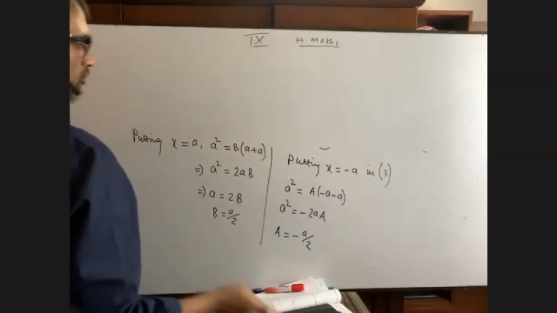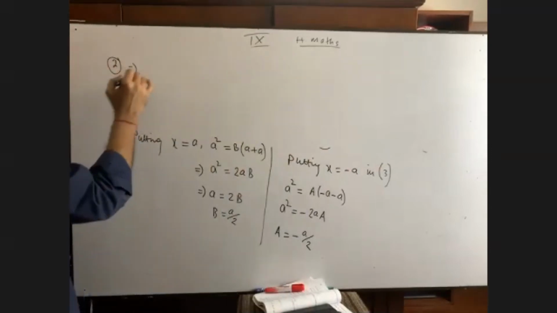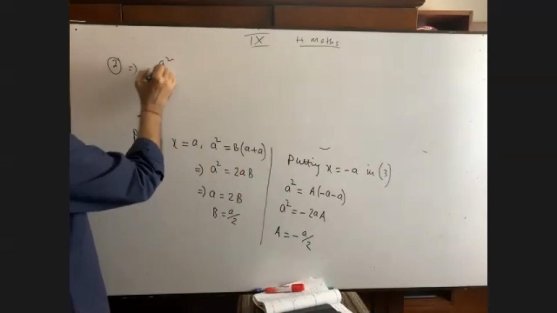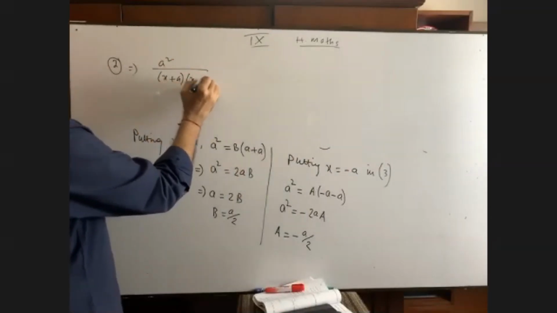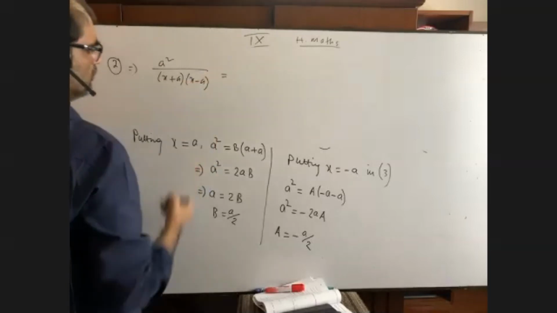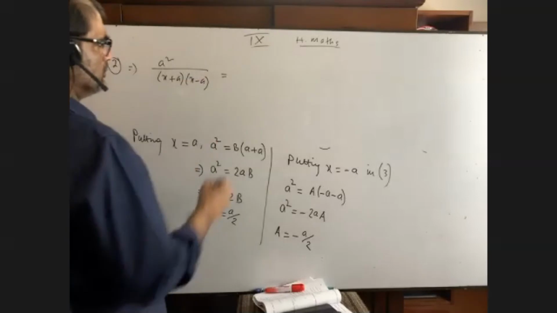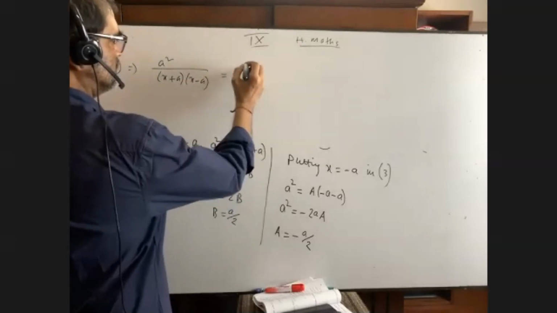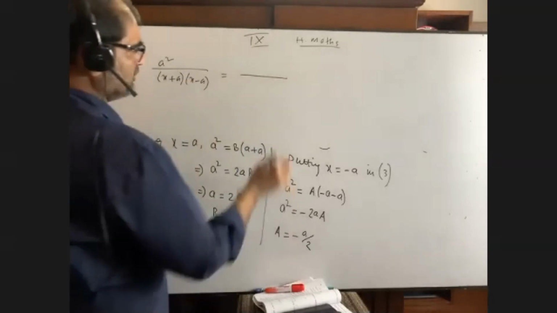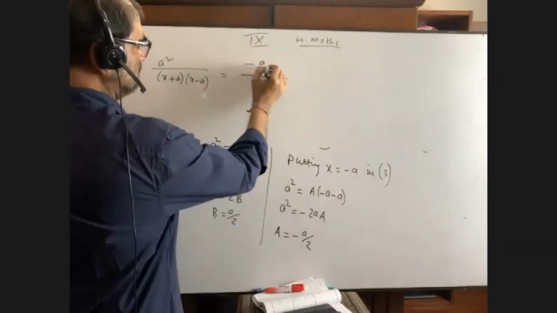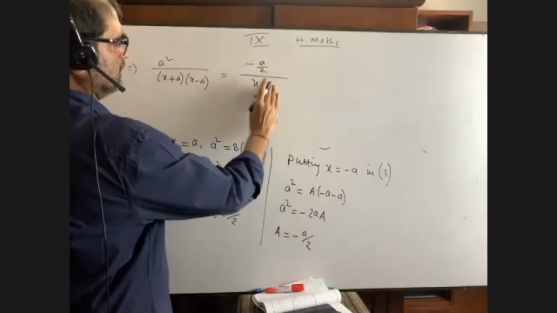That means from 2 we get a square by x plus a, x minus a. What was given? A equals what? Minus a by 2, x plus a, sorry, x plus a.